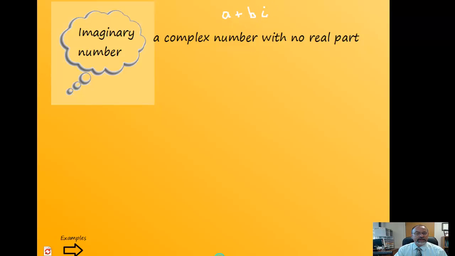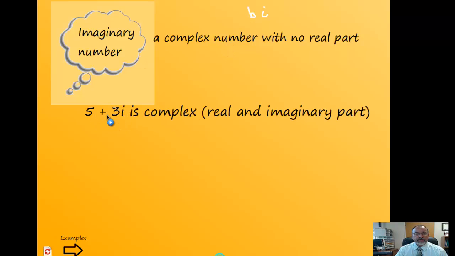An imaginary number would be a number that doesn't have the real part, or that real part is 0, so it would not need to be written. So here we have 5 plus 3i. That's complex because it has a real part and it has an imaginary part. 3i is just an imaginary number because it has no real part to it. So this is complex, this is imaginary.